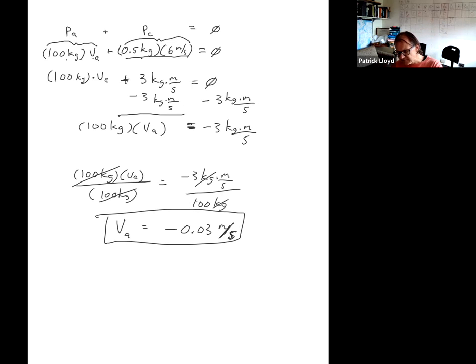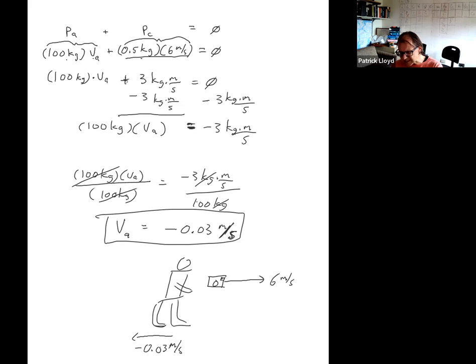The camera, after the astronaut is disgusted because it doesn't work, is moving off at 6 meters per second. The astronaut is now in a bind. He didn't think about this. He didn't think about physics. He's now drifting off this way at -0.03 meters per second.